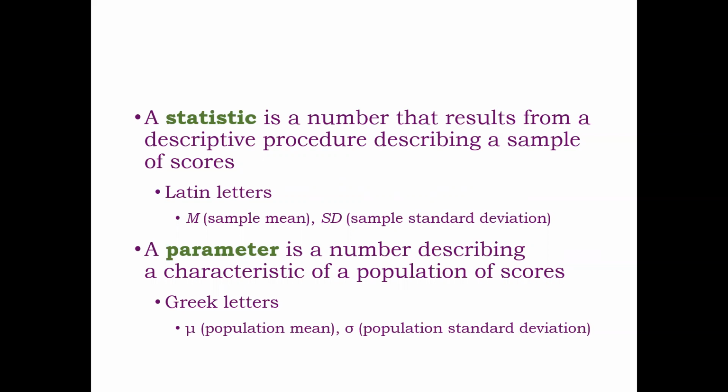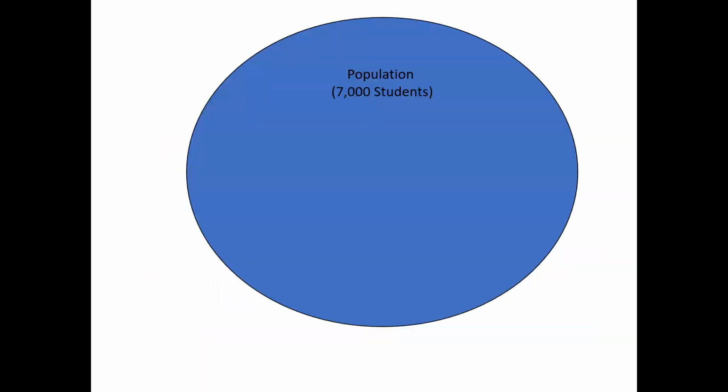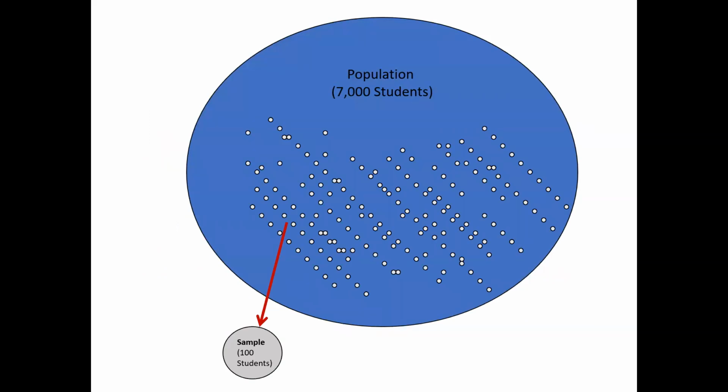So this is mu, which means a population mean, and lowercase sigma, population standard deviation, right? We make hypotheses about populations and we use Greek letters. Okay. So for example, we have a population of 7,000 students, and we might take a sample of 100 students, right? A subset.